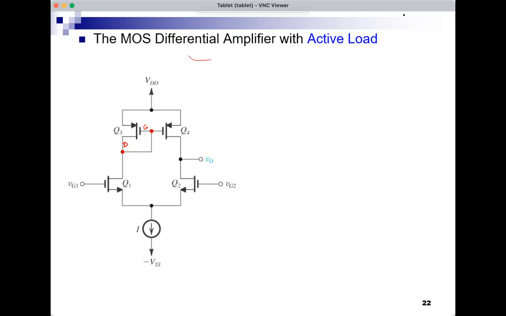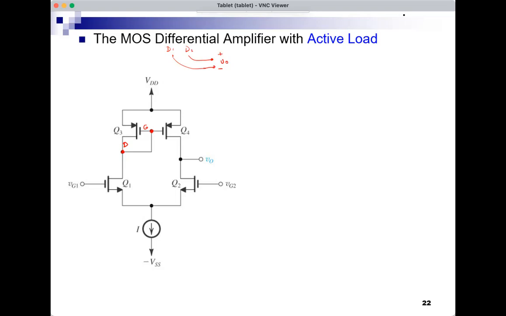If I take the output differentially in the case of the previous MOSFET differential amplifier, between drain 1 and drain 2, I get double the gain. If I take it between the drain and ground, I get half the gain, or half GMRC. And if I take it differentially, I get just GMRC.